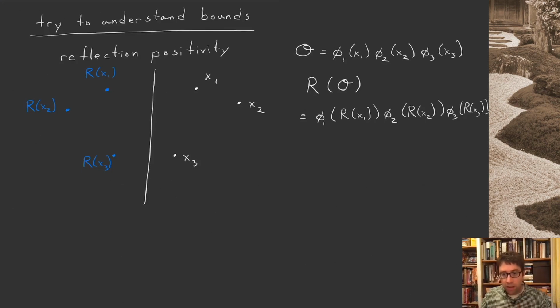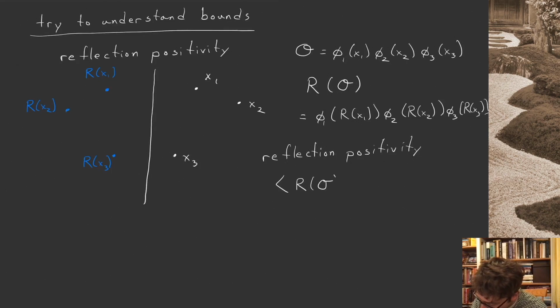The statement of reflection positivity is the following. Reflection positivity says that the correlation function of r of O with O is greater than or equal to 0. It doesn't have to be 3 operators. It could be as many operators as you want, but you choose some generalized composite operator O, you reflect it, you put both in the correlation function, and the claim is that if the theory is reflection positive, this quantity must be positive or 0 for any O.